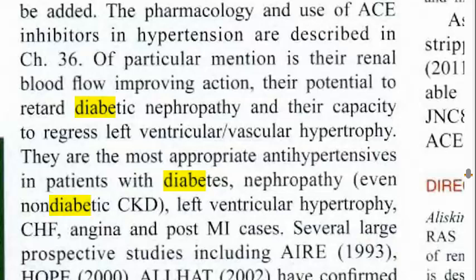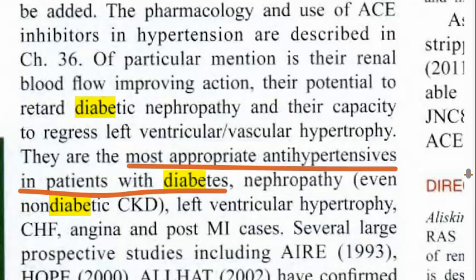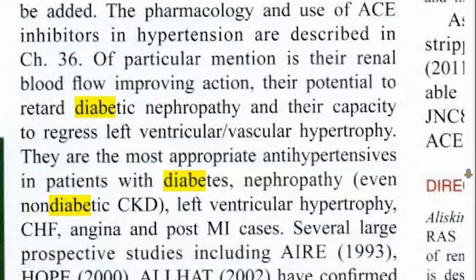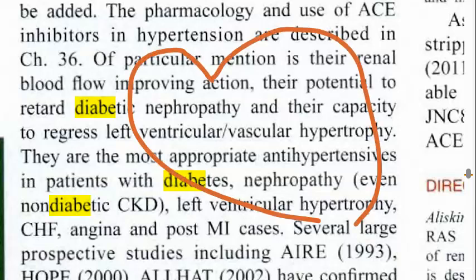So that is why they are saying that it is the most appropriate antihypertensive in patient who have diabetes or any other patient who has nephropathy, which is not because of diabetes, but they have nephropathy. If they have anything to do with heart also, left ventricular hypertrophy. Let's show you what left ventricular hypertrophy is. So this is our heart and this is the left ventricle.